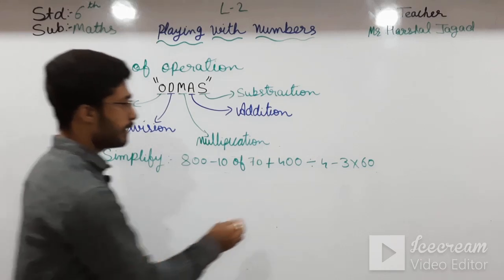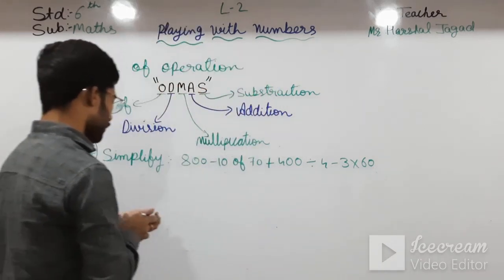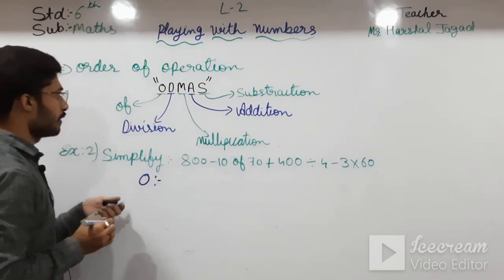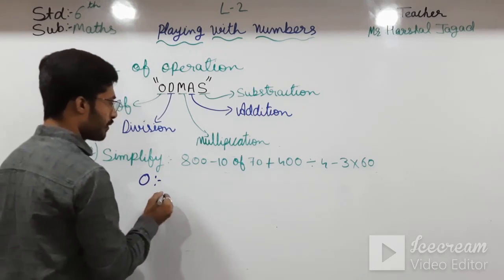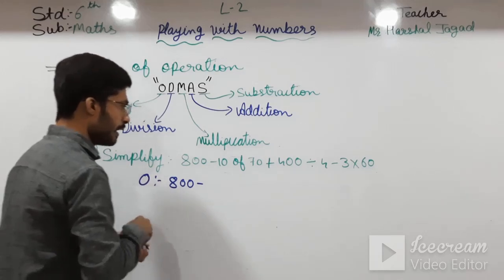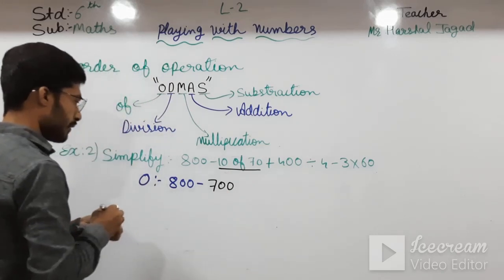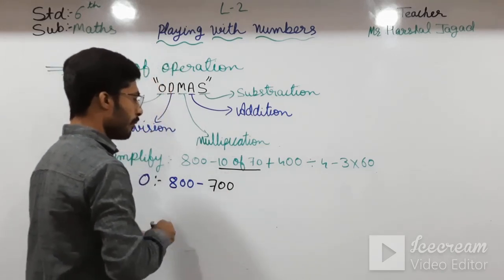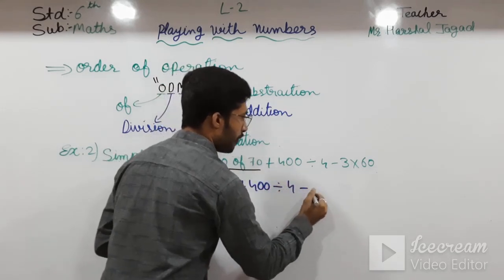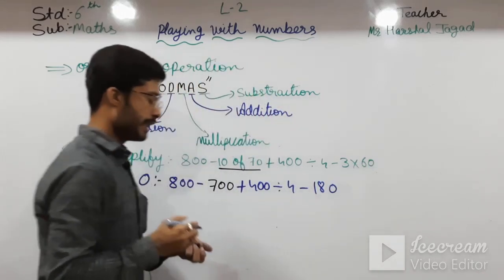So, here it is 60, I have written over here 10. So, first of all, there will be O. Okay, students, first of all, there will be O. Then what is O? 800 minus, this is O, it comes 700. Okay, students, then comes plus 400 divided by 4 minus 6 3s are 18 and here remaining 0.